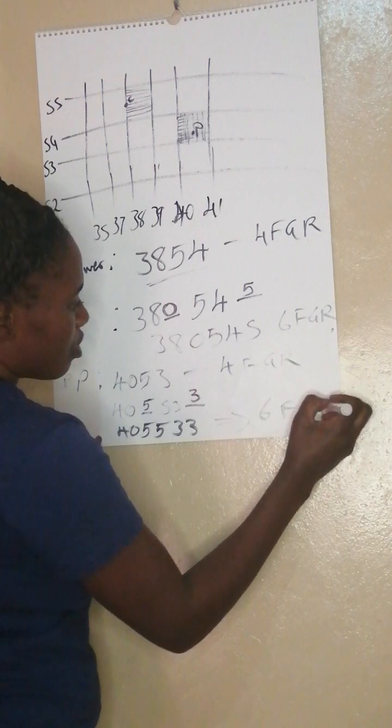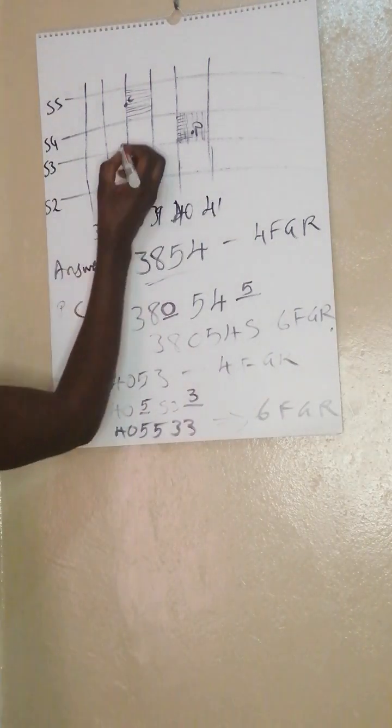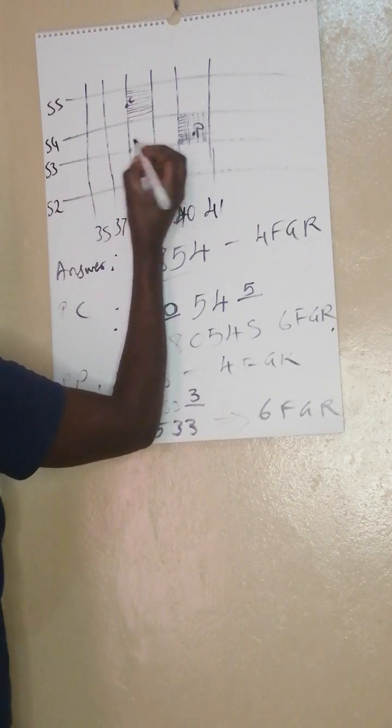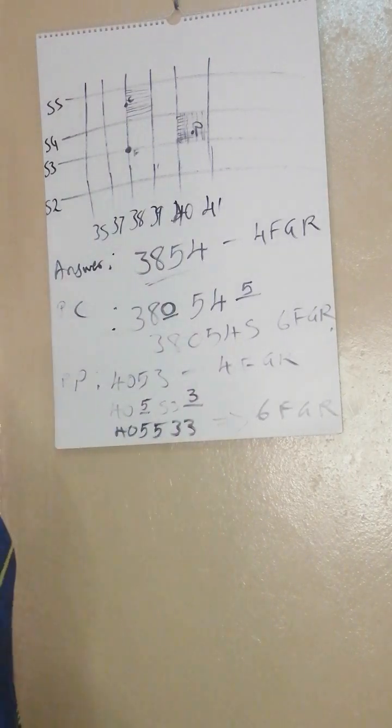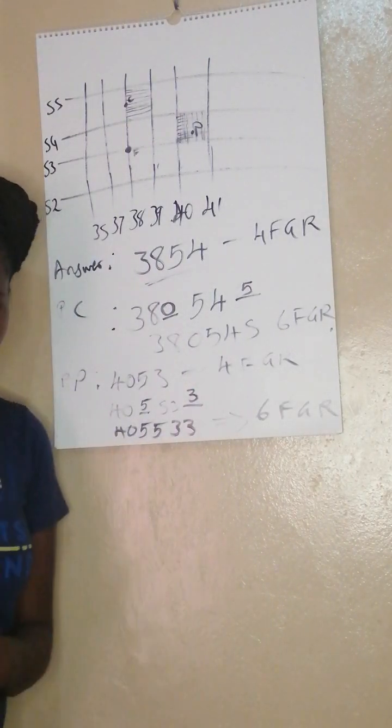Suppose we have a point at this point. Point F. What are the answers for both 4-figure grid reference and 6-figure grid reference? Pause the video and try it.